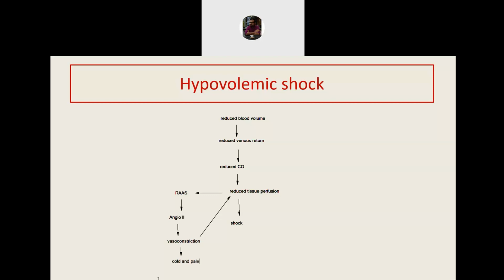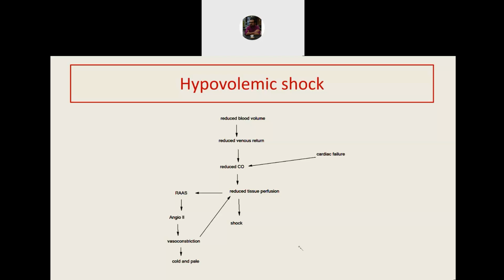If I compare this with cardiogenic shock, the mechanism is very similar. The only difference is that in cardiogenic shock, the cause lies in the heart. So there is cardiac failure. Due to the cardiac failure, there is a direct reduction in cardiac output, and then the rest of the events are the same.